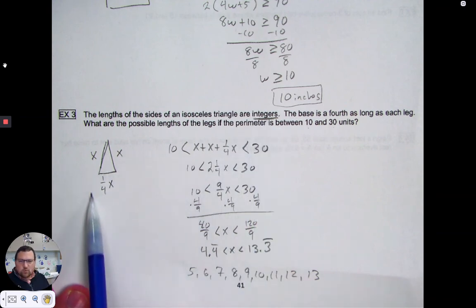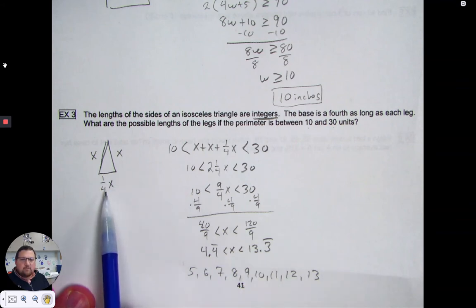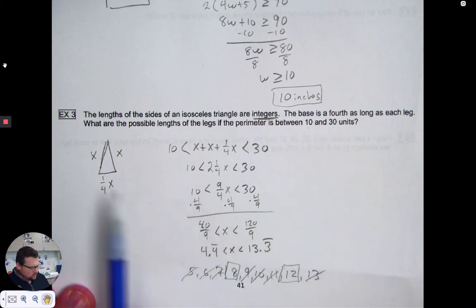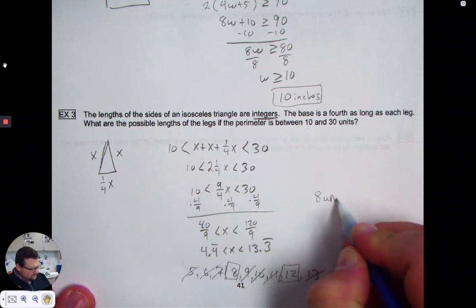Since we have this 1/4 x, the only ones that work are multiples of 4. So 5 doesn't work, 6 doesn't, 7 doesn't, 8 does, 9 doesn't, 10 doesn't, 11 doesn't, 12 is a multiple of 4 so that works, and 13 isn't. It asks what the possible lengths of the legs are: your possible lengths would be 8 units and 12 units.